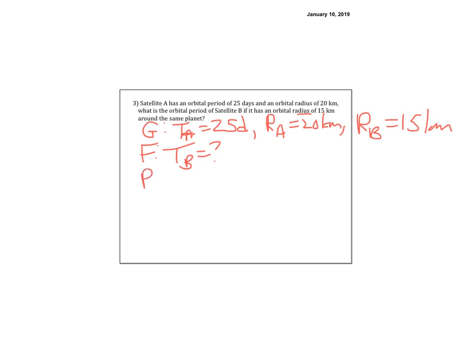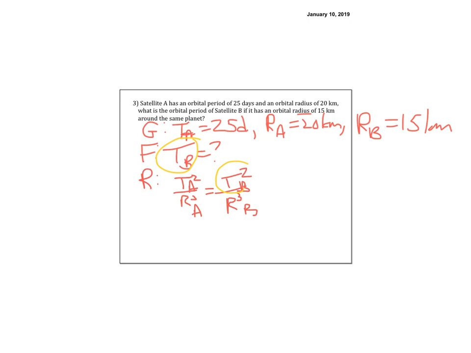So for my equation, we're going to set up a ratio. So remember, our ratio is T squared over R cubed is always equal to T squared over R cubed. And then I'm just going to put A's on this side and B's on this side. All right, so now we need to solve for TB, right?